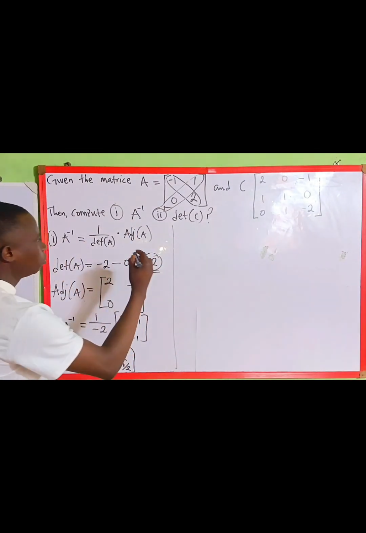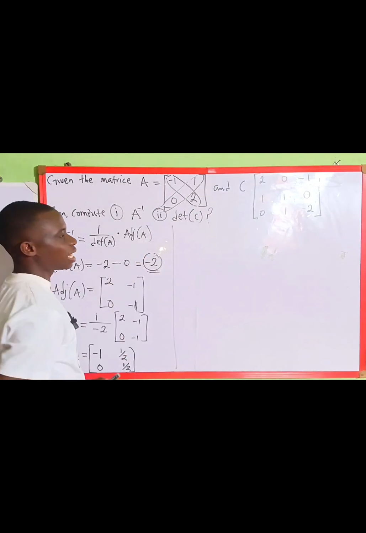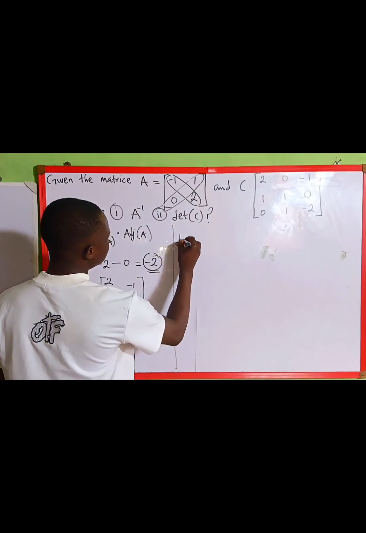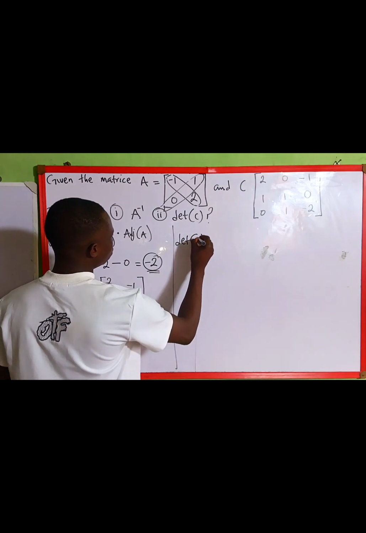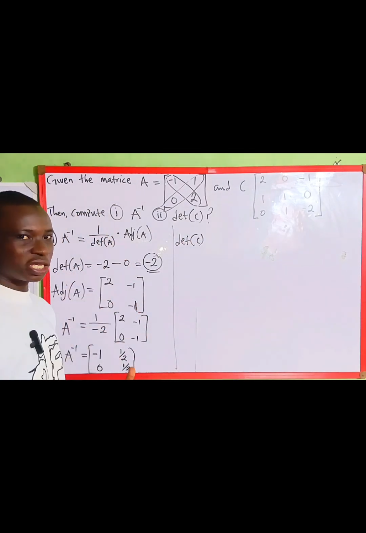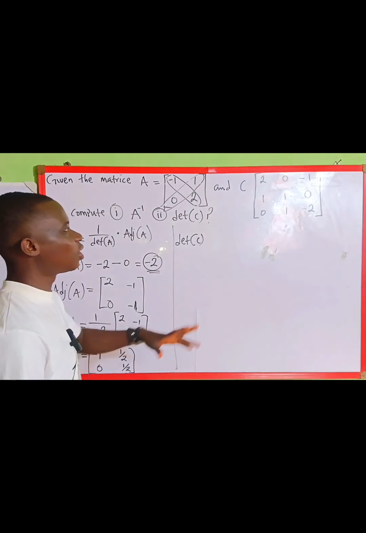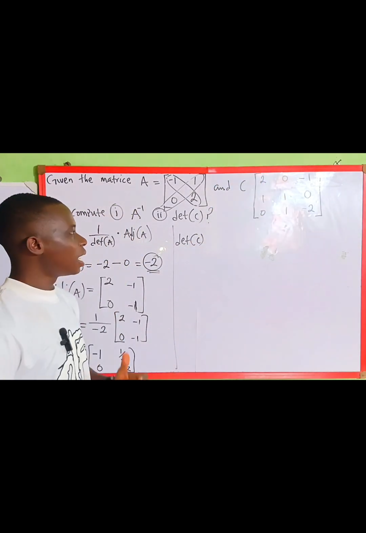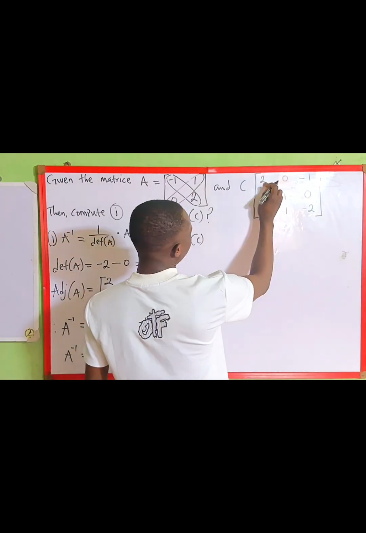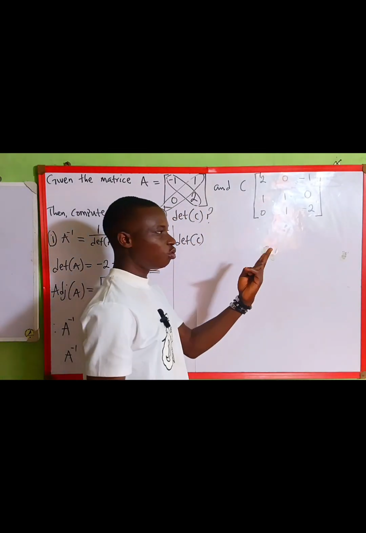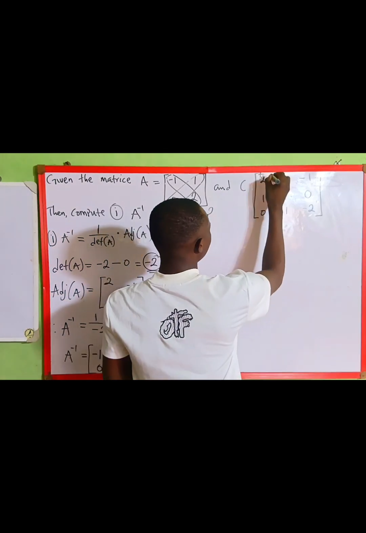Now, the second question says we should compute the determinant of C, and this is matrix C. To compute the determinant of C, this is very simple, but in this case, we cannot just cross multiply, then take the difference, because as you can see, this is 3 rows, 3 columns. So remember, in the matrix, the first element in the first row is positive.